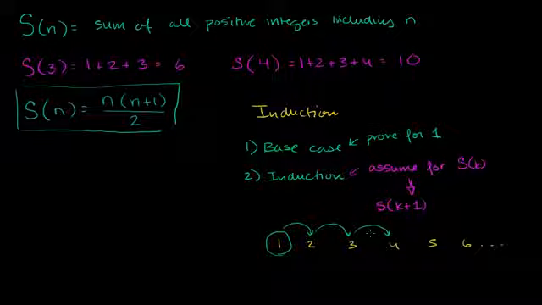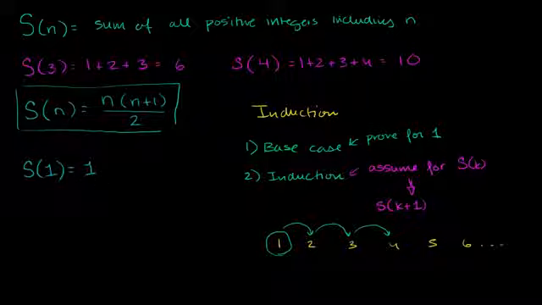Now, spoken in generalities, let's actually prove this by induction. So let's take the sum. Let's do this function on 1. Well, that's just going to be the sum of all positive integers, including 1, is just literally going to be 1. We've just added all of them. It's just 1. There's no other positive integer up to and including 1.